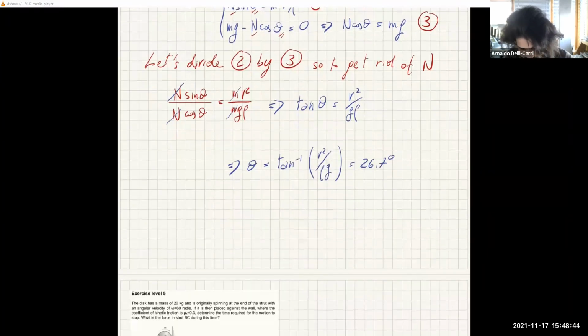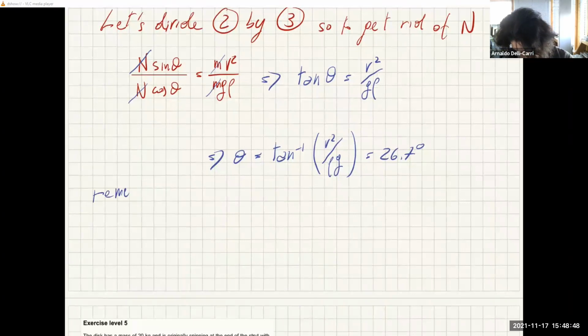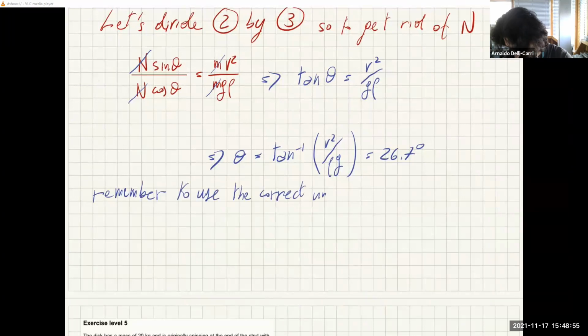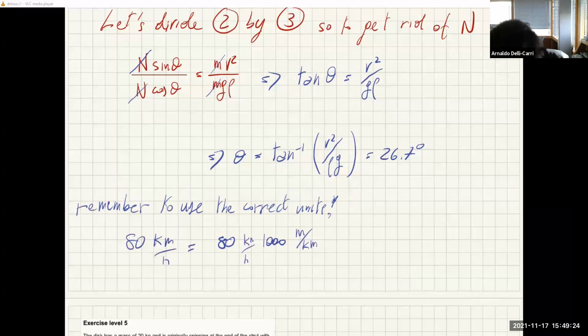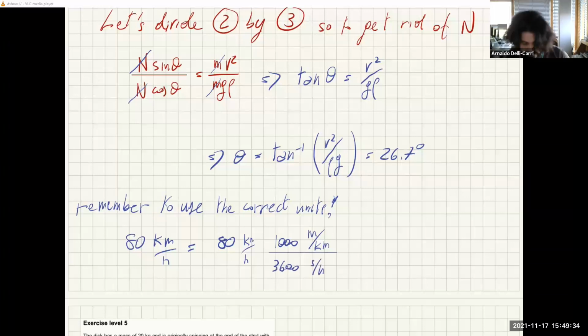So remember to use the correct units. 80 kilometers an hour corresponds to 80 times 1000 meters in a single kilometer, divided by 3600 seconds in an hour.